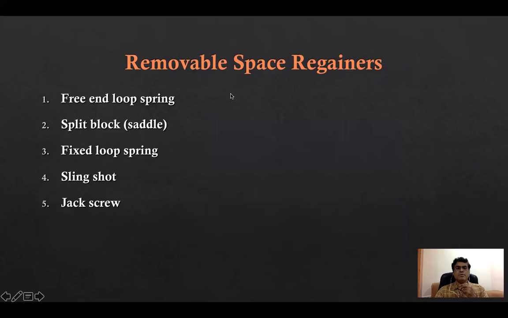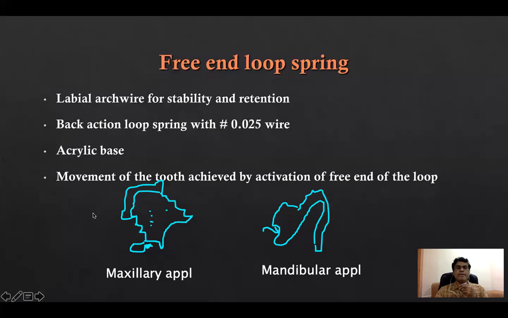There are some removable space regainers termed as free end loop spring, split block or split saddle type of space regainer, fixed loop spring space regainer, slingshot space regainer, jack screw type of space regainer. Free end loop spring has labial archwire for stability and retention.